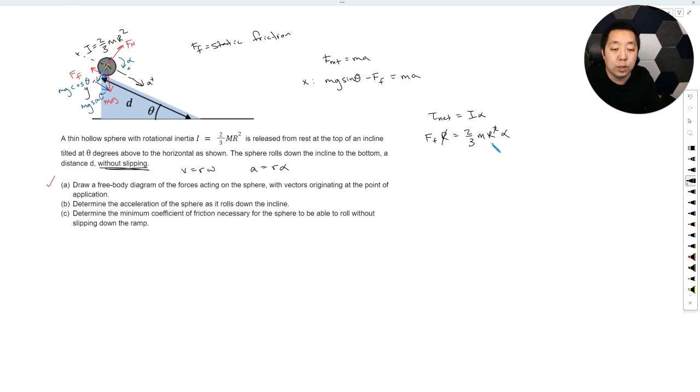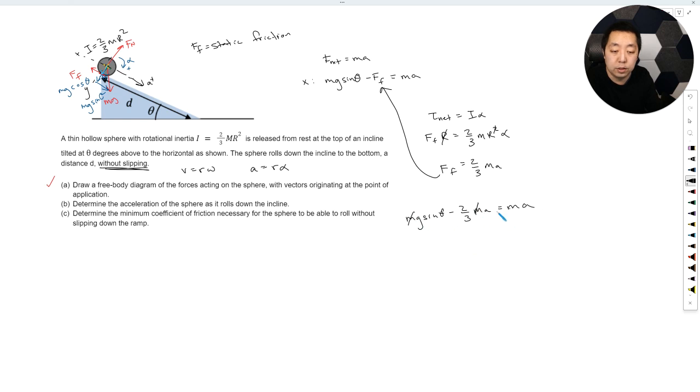So we can replace this r alpha with the acceleration. So the friction is 2/3 ma, which now we can plug into here, and then we can solve for the acceleration.